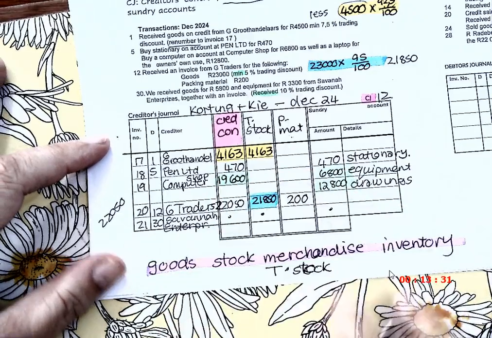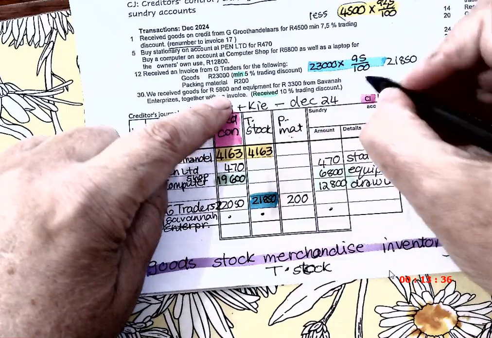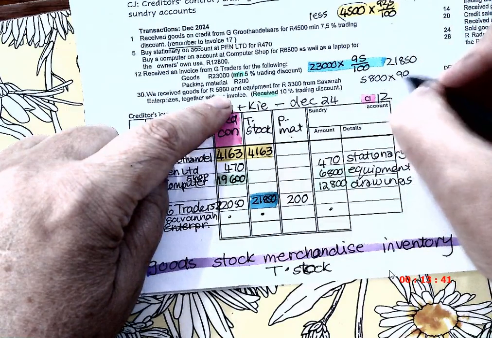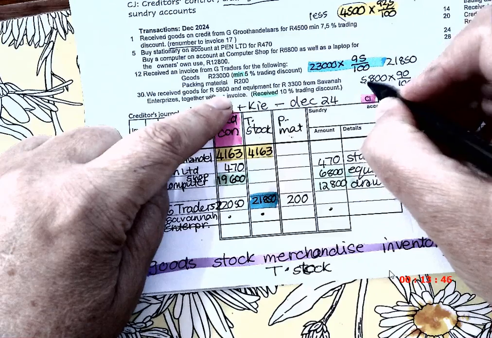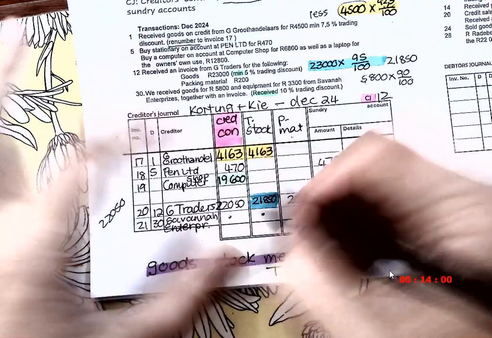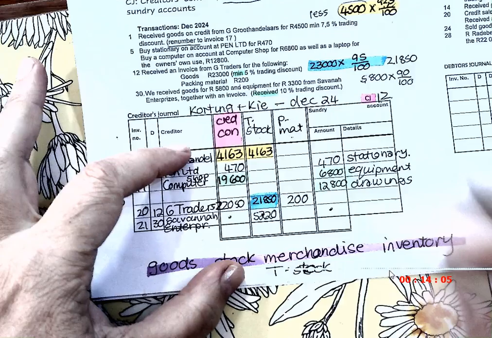So, that amount there, the 5,800, I'm going to times with 90% because I received that, but together with that I also received a discount, meaning in the end I'm going to pay less. So what is 5,800 times 90%? 5,220. Okay.